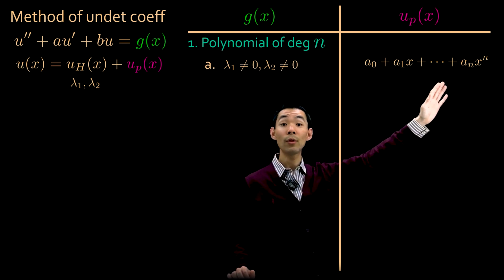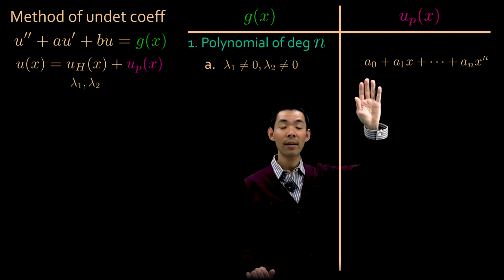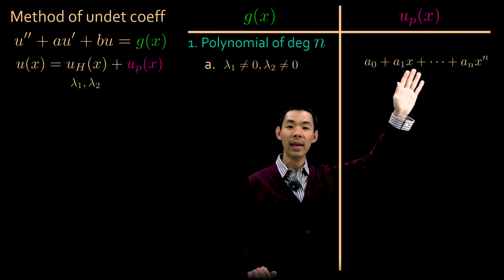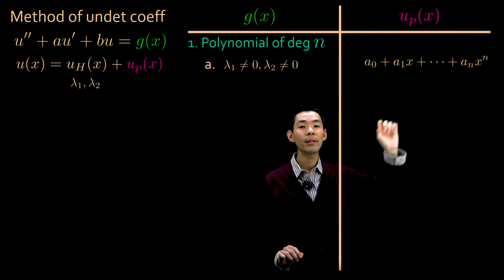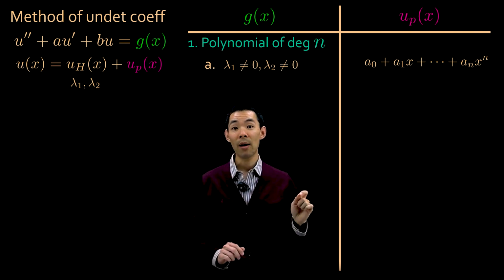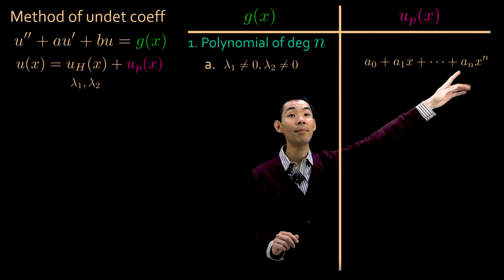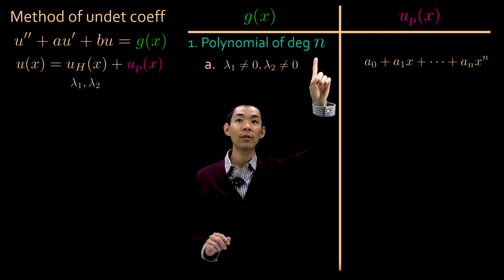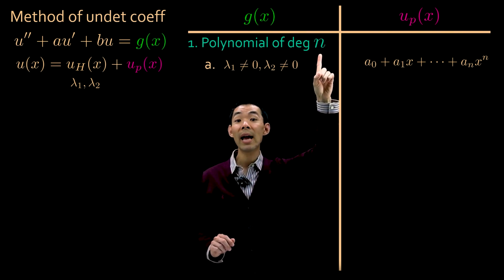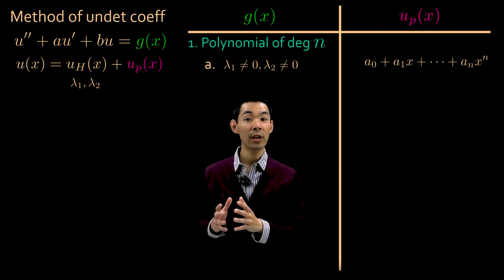Then the particular solution that you should guess to make it all work is also a polynomial form. So u sub p would be equal to a naught plus a1x plus a2x squared all the way to a sub n x to the n power. And you go up to the n power that corresponds to the degree n of your function g of x.